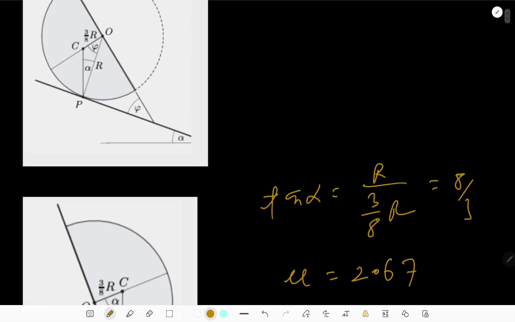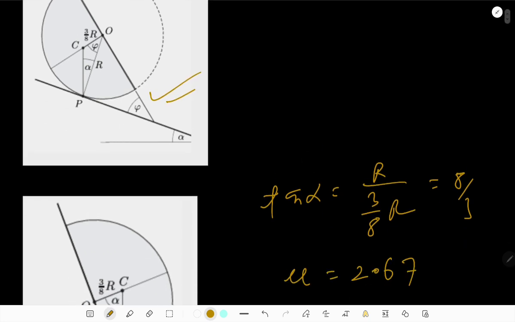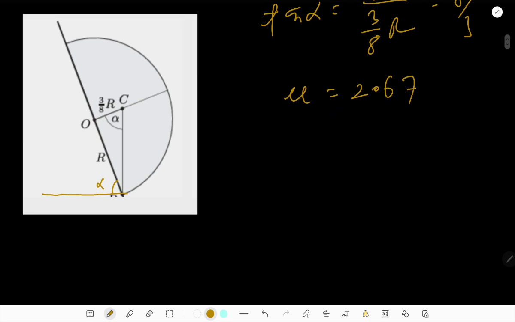So this mu 0.3 was provided in this problem only for this case. In this case, mu should be much greater than 0.3. So the value of mu and value of alpha both will be different in these two cases.